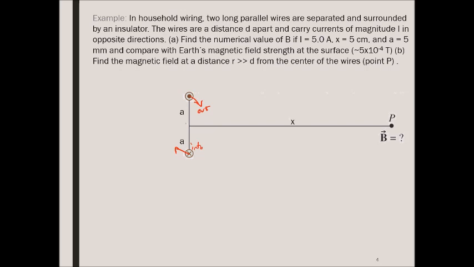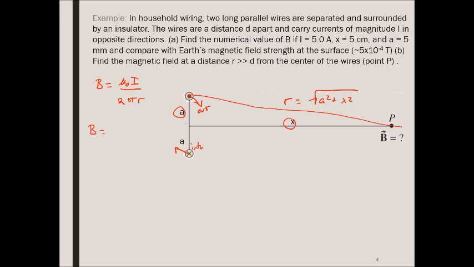So we're going to use our formula that B is equal to mu0 I over 2 pi r. And what is r? Well, r is the distance to this point here, if I can draw a straight line. So we're going to say r is equal to the square root of a squared, this side of the triangle, plus x squared, this side of the triangle.